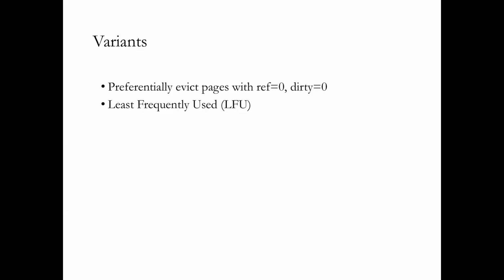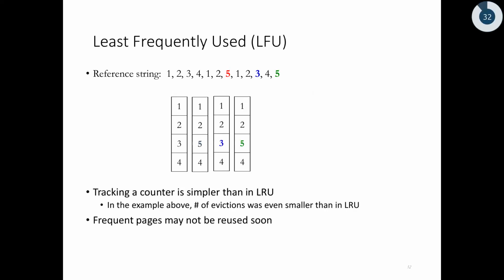Another variant is least frequently used. We talked about least recently used, and it's probably a good approximation of the optimal algorithm. But there is another approach, least frequently used. So let's look at this algorithm as well.